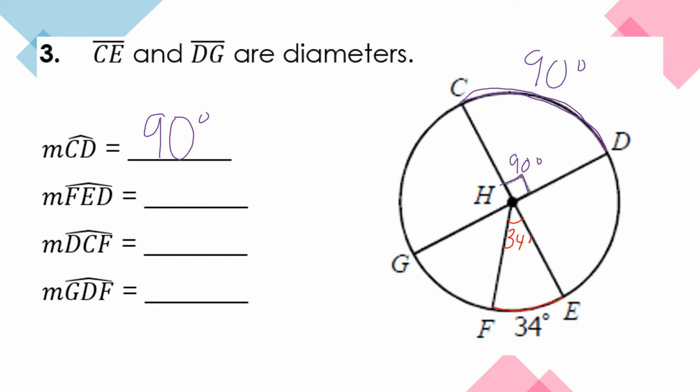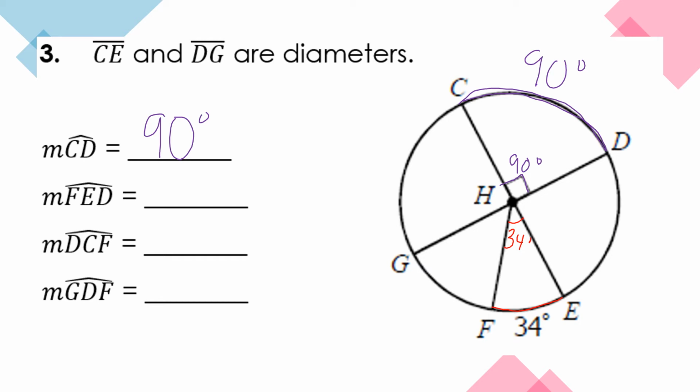All right, so now what we need to do is go based on what we have. Since CE is a diameter, that means arc CDE is a semicircle. It's 180 degrees.